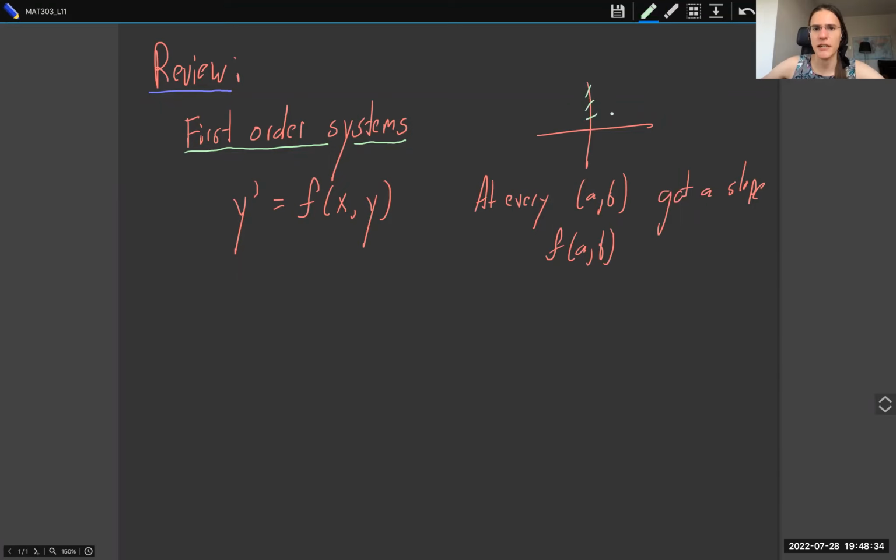Distribution is the technical math-speak term. And then a solution to this differential equation is an integral curve of a distribution. So it's going to be given by some equation such that its slope at every point is exactly the provided slope. So solutions are integral curves of the distribution.